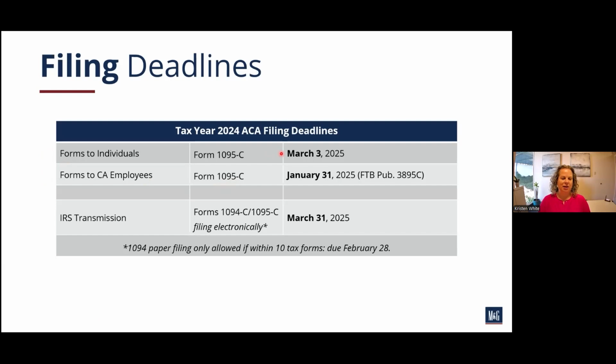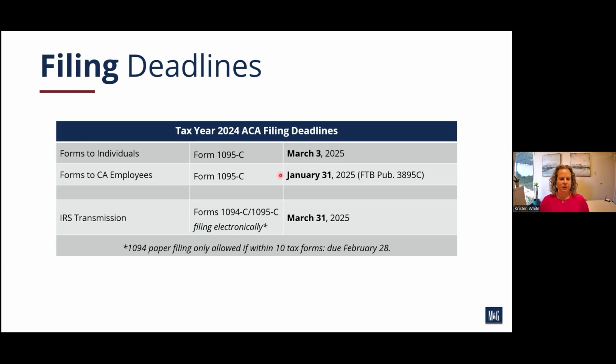So you want to get all of those forms out to those employees by March 3rd. Now, the IRS does allow electronic distribution if your system can handle that. NELCO, though, will actually mail the forms out to all the individuals. We'll get to that later.